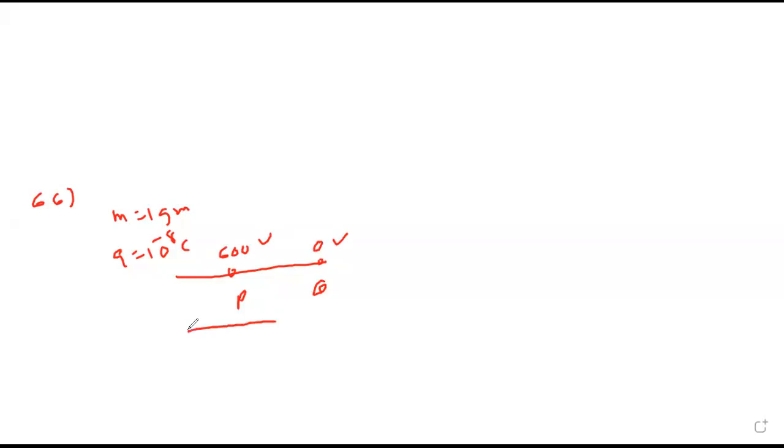Potential is decreasing, that means it is in the direction of Q. If the velocity of the body at point Q is 20 centimeter per second, then what is the velocity at P?